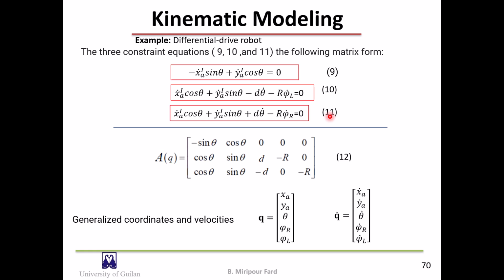So the dimension of A is 3 by 5. For simplicity, we also drop the superscripts indicating the inertial coordinate system. So the variables of the constraint matrix are described in the inertial system.